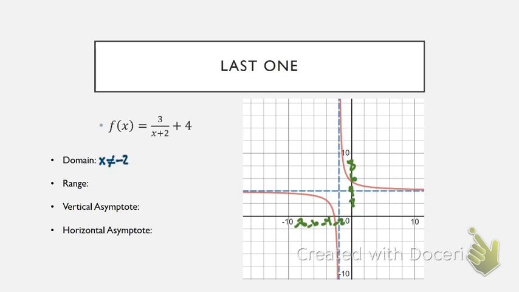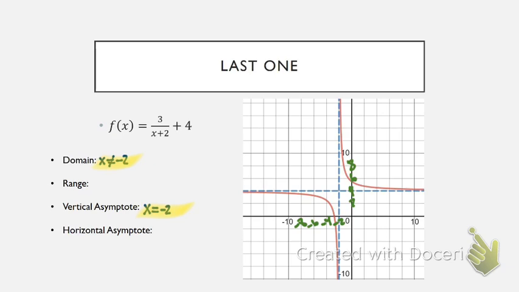And if we visually look at the graph, I see that I have a vertical asymptote at that value. So since this is our last example, I do just want to make sure, if you've probably noticed this already since I've said it 1,000 times, but the domain and vertical asymptote for now are the same information.